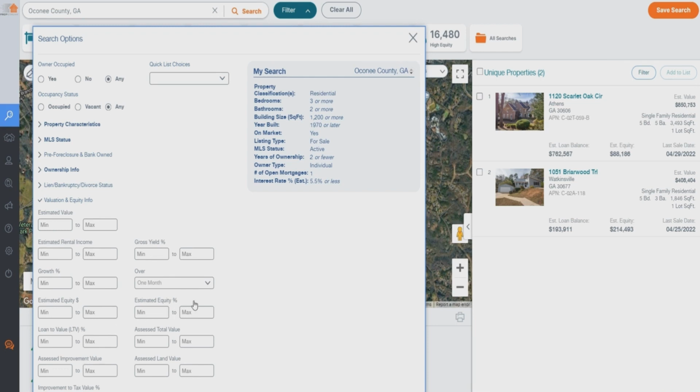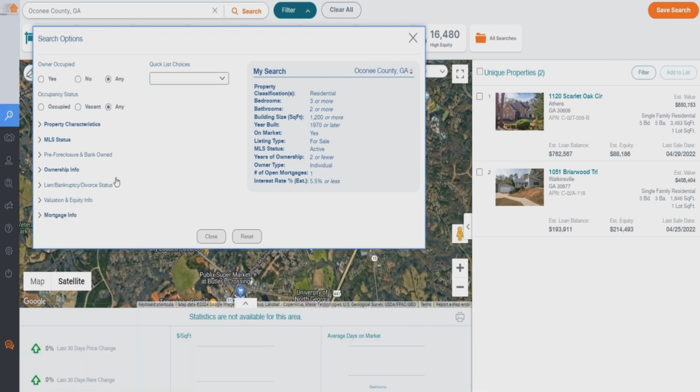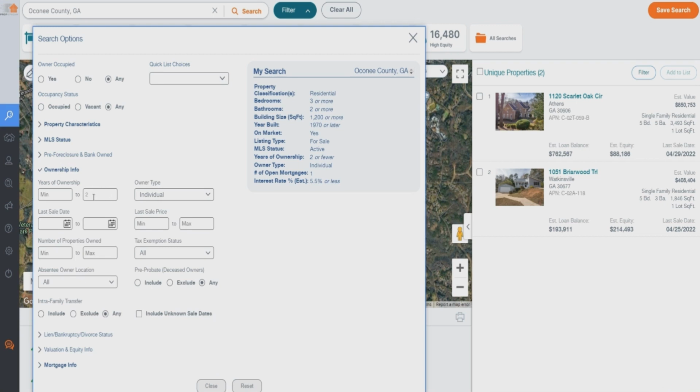I'm going to keep that unchecked just because I know that if the property itself is owned for 2 years or less, it has a much greater likelihood of having low equity as opposed to a property being owned for, let's say, 3 to 5 years. Now, can the market dip at any point in time? Absolutely it can, but it is unlikely at that stage of the property's life cycle that it'll be in a low equity state. You'd have to have some sort of major market cycle like what happened in 2008.